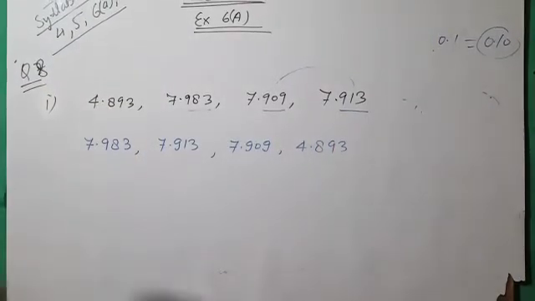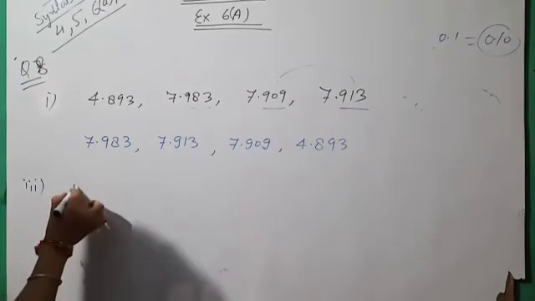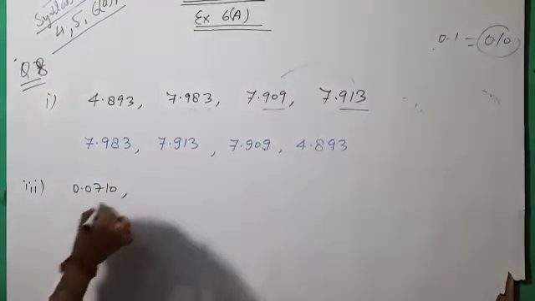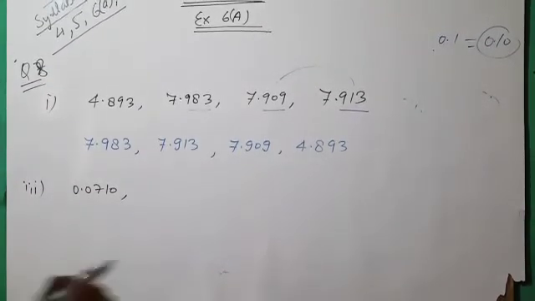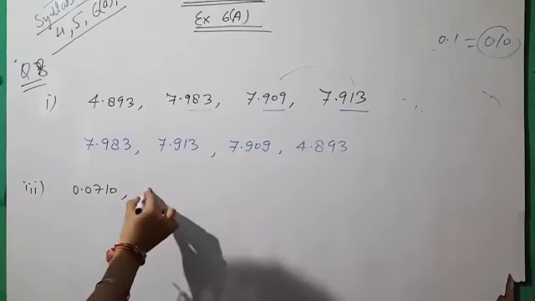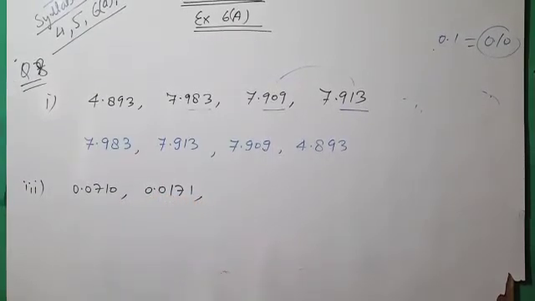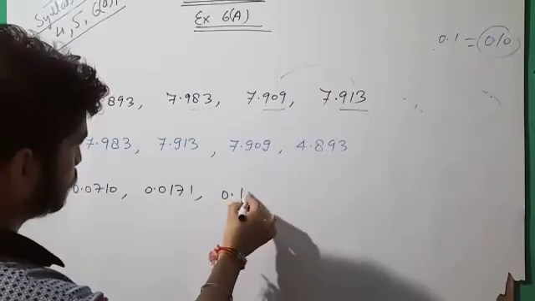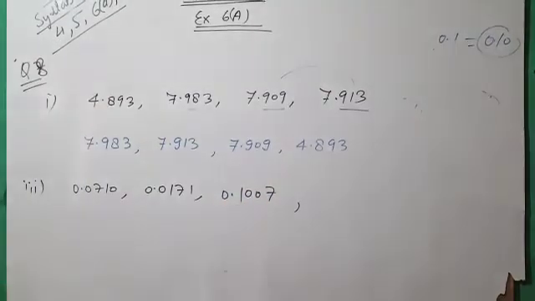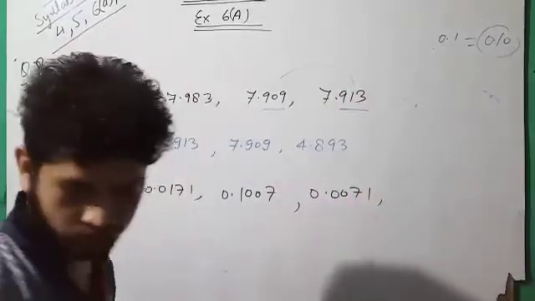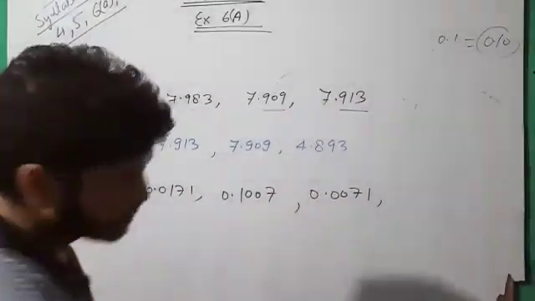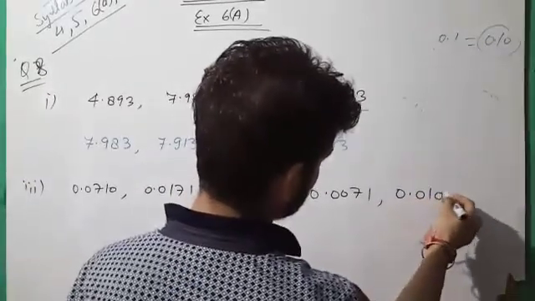Now the third part, important. 0.0710, 0.0171, 0.1007, 0.0071, and the next one is 0.0107.